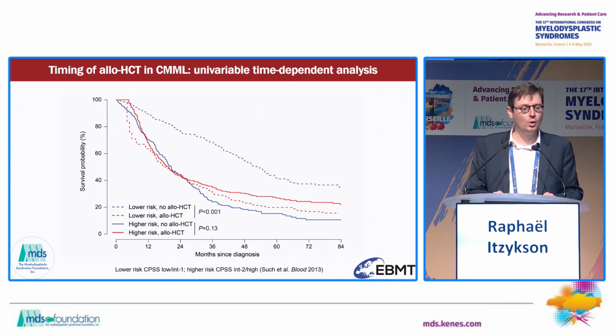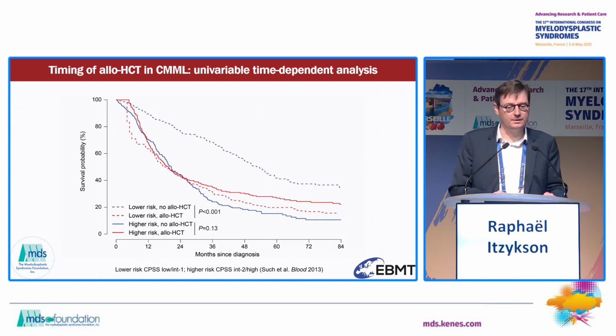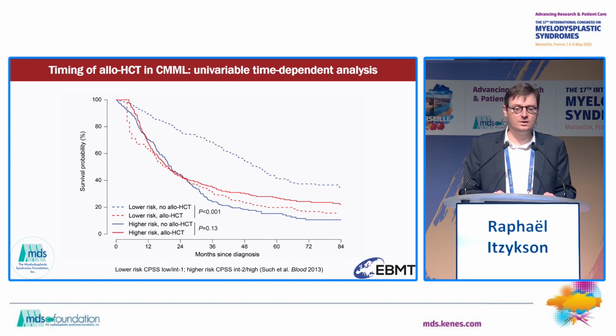Patients with low or intermediate 1 CPSS risk were considered lower risk, and intermediate 2 and high were binned into the higher risk category.